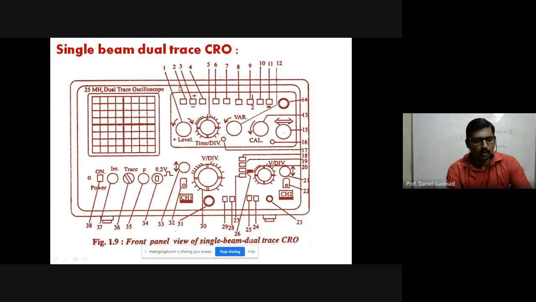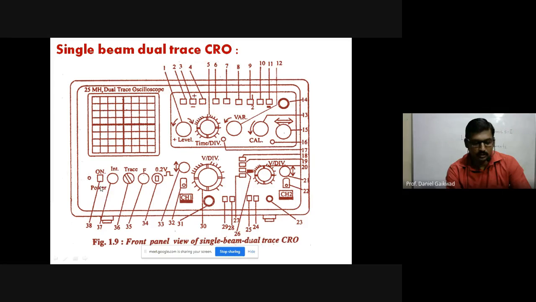What are the particular buttons or keys or knobs in the front panel? Suppose we mark on this one side 1, 2, 3, 4, up to suppose 38. If we check 38, we have the power button, and that power will be an on and off switch or toggle switch.